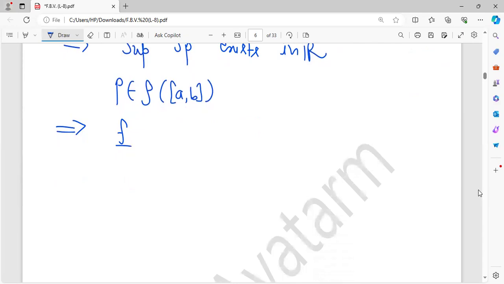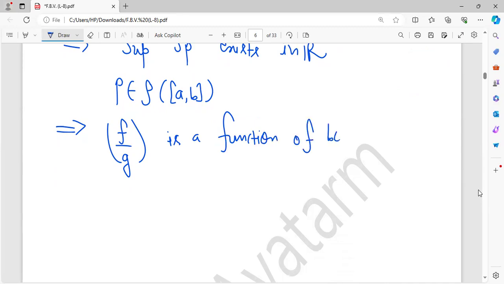This implies f upon g is a function of bounded variation on [a, b].